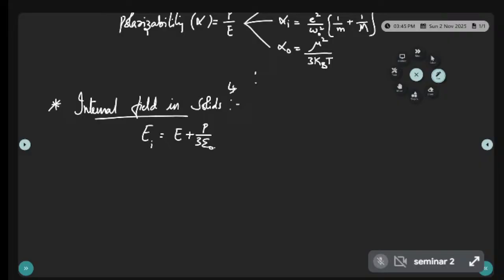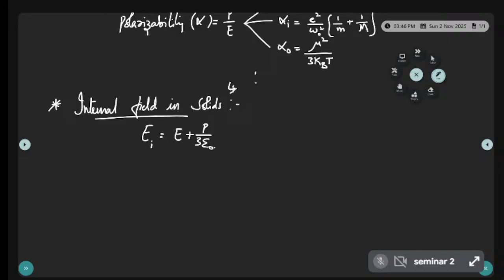What are you doing? What is epsilon naught? What I am saying about epsilon naught? Can you speak about epsilon naught? What it is called? Try to listen. Avoid phone. Right. So this is an expression for internal field.